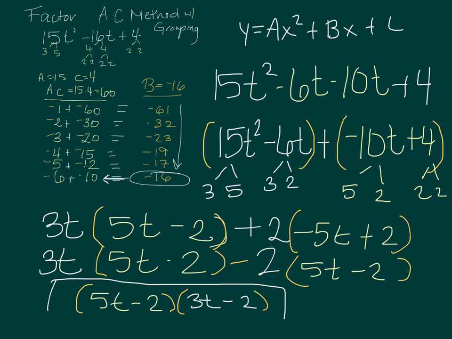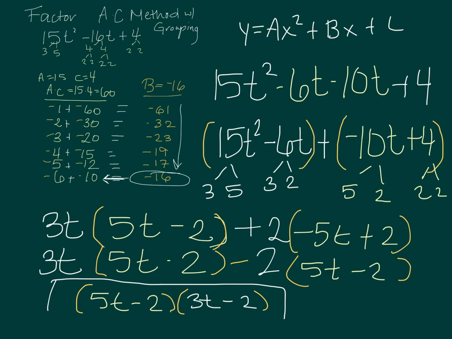Okay, so what I did was then I took A times C, 15 times 4 is 60. And then I listed all of the factors of 60, 1 times 60, 2 times 30, etc. Then what I did is I added all of those terms together. -1 times -60 is -61.